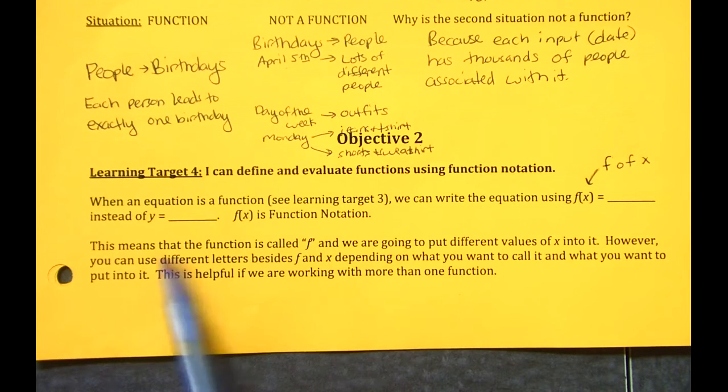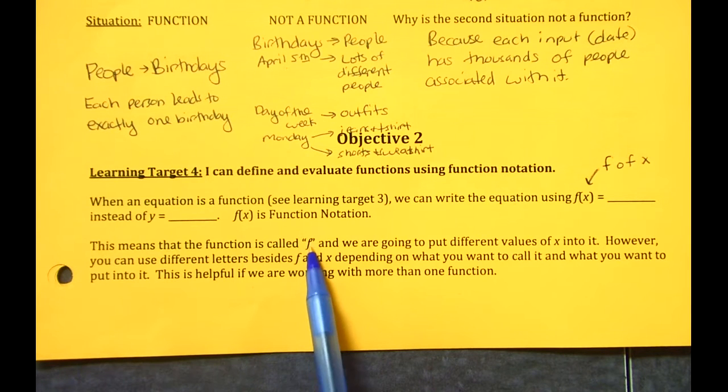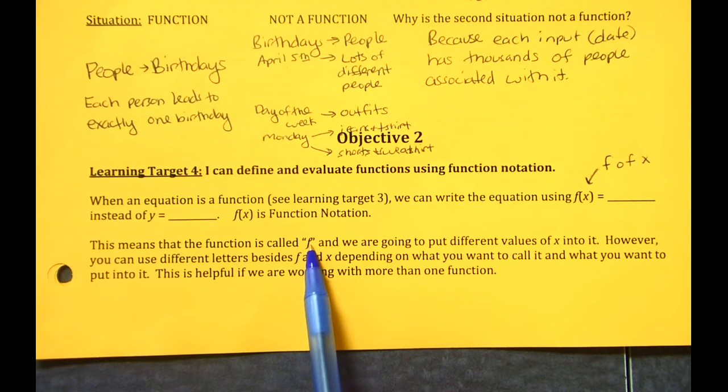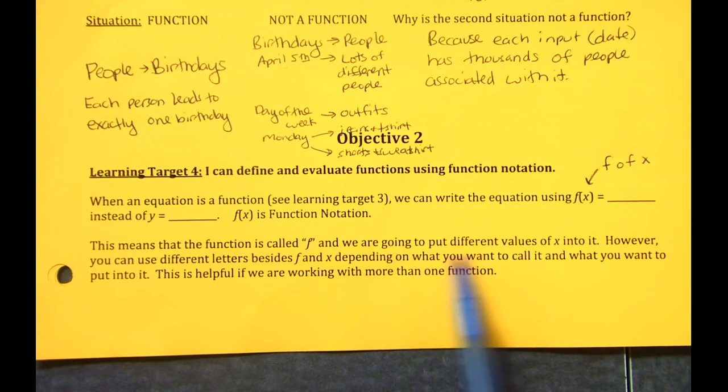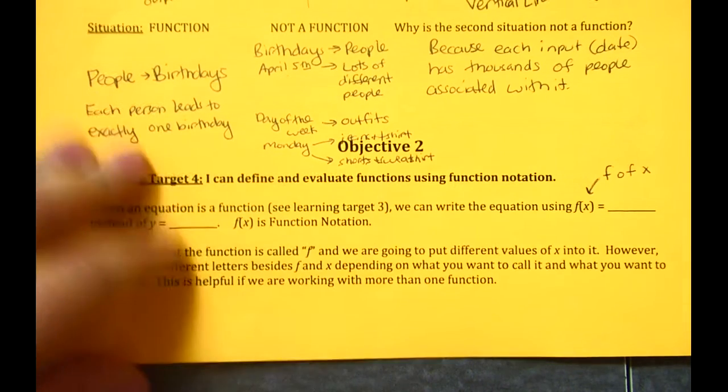So the function is called f, or whatever letter you choose, and we are going to put different values of x into it. However, you can use different letters besides f and x, depending on what you want to call it and what you want to put into it. This is helpful if we are working with more than one function.